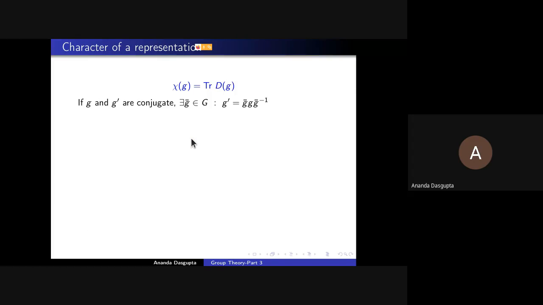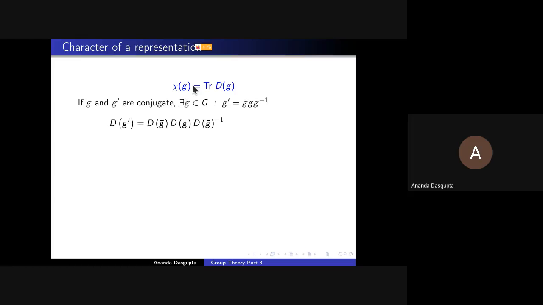Okay. Now comes a very important reason why classes, we talked about conjugacy classes a lot, right? But why are classes so important in representation theory? Well, the thing is very simple. If two group elements g and g prime are conjugate, that means there exists some g bar in the group such that g prime is g bar g g bar inverse.